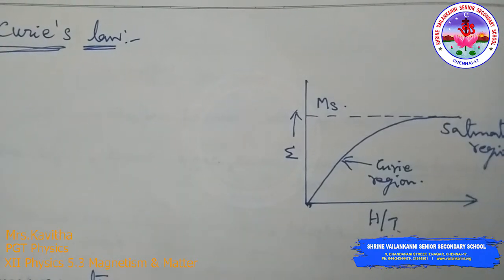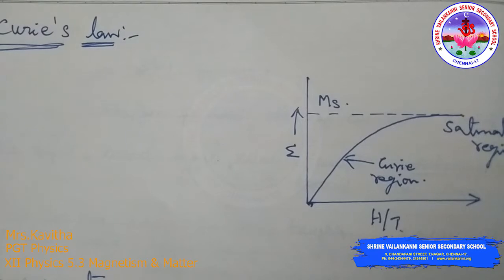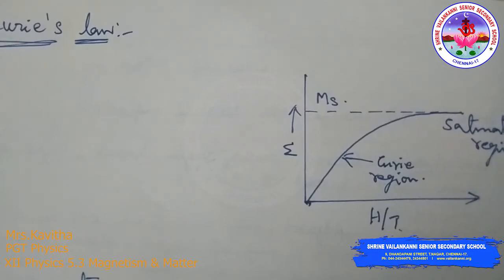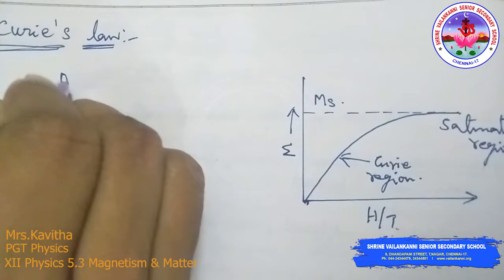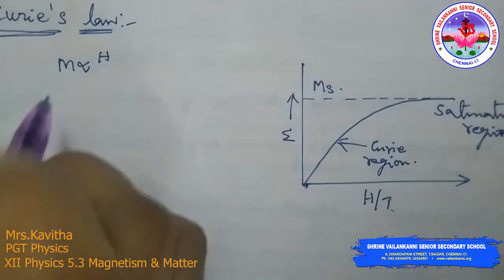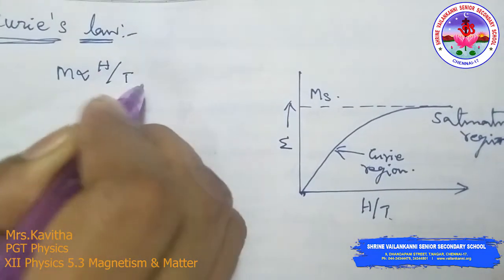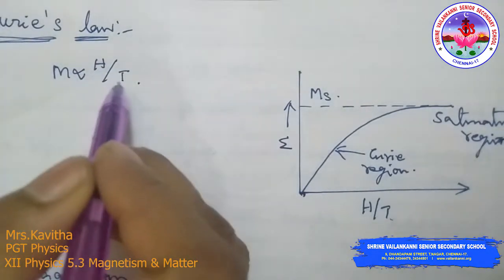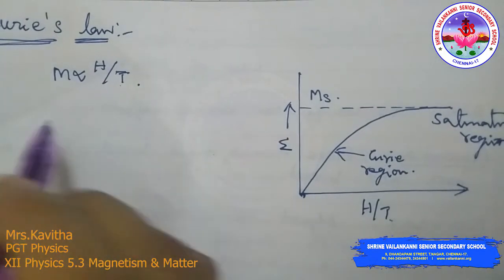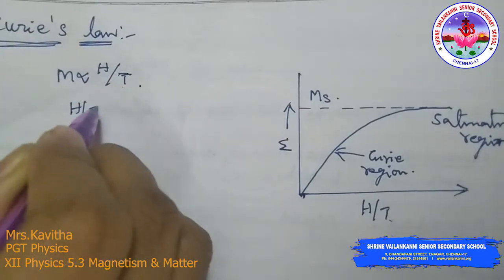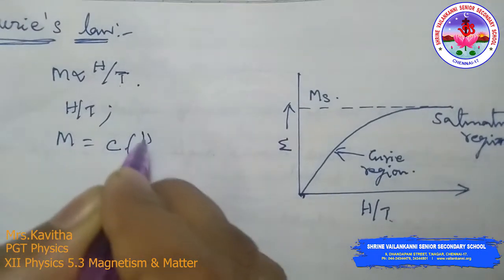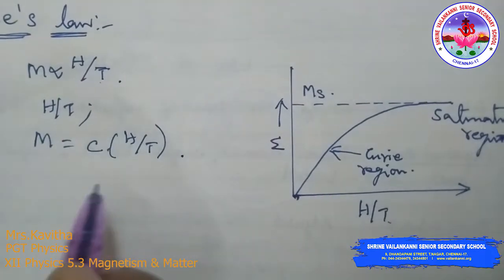Curie's law is applicable for paramagnetic material. From experiment we find that the intensity of magnetization M of the paramagnetic material is directly proportional to the magnetizing field intensity, because the field tends to align the atomic dipole moments, and inversely proportional to the absolute temperature, because thermal motion opposes the alignment of the atomic dipoles. Therefore M is equal to C into H by T, where C is the Curie constant.